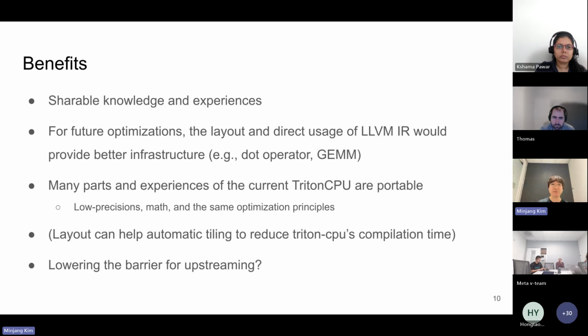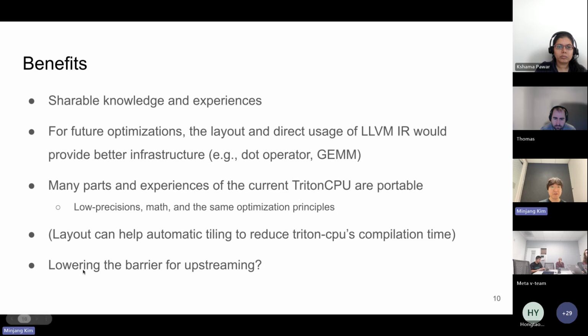For example, that operator was really straightforward for me compared to the vector dialect's contract operand. That's one of my assessments.